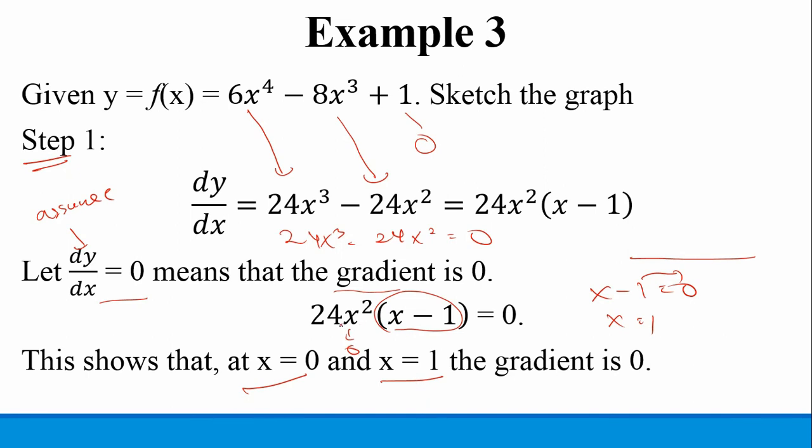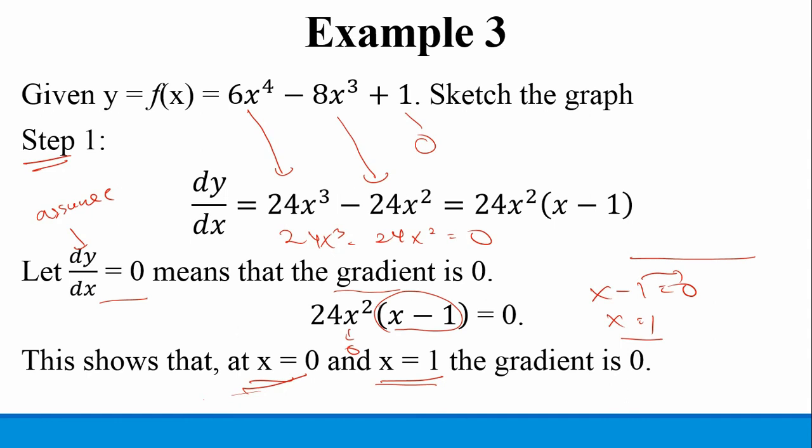So the condition is when this factor becomes 0, or the inside of the bracket becomes 0, and you get x equal to 0 and x equal to 1. You already have 2 points.